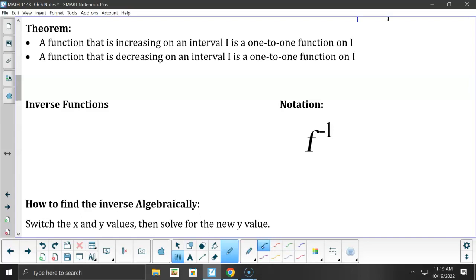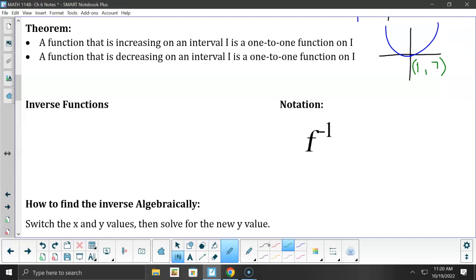So if we think back to that quadratic function from earlier, if I look at the interval from 1 to 7, is it increasing on that interval from 1 to 7? Yeah. So it's going to be one-to-one, but just on that interval, okay? So you can be one-to-one within a portion of a function, but not over the entire thing.